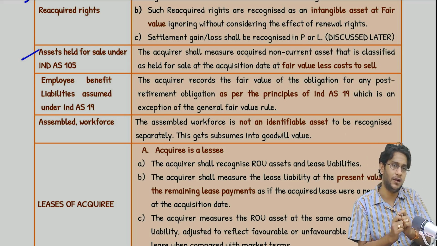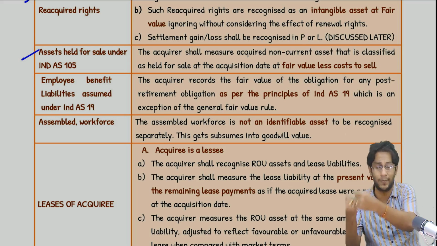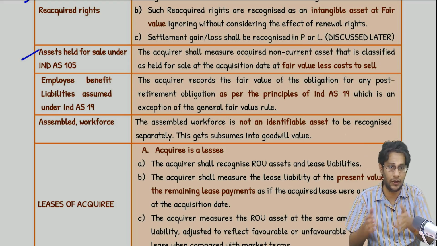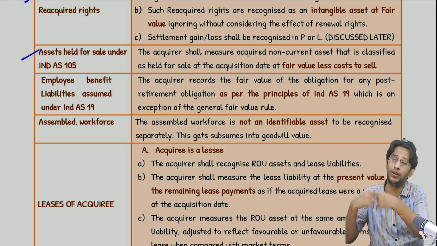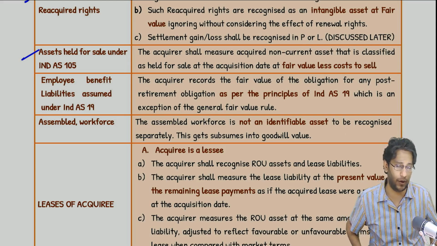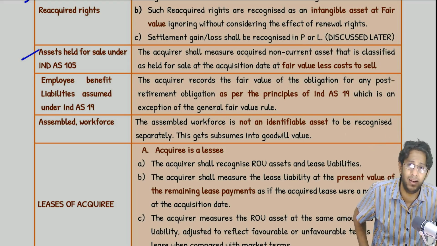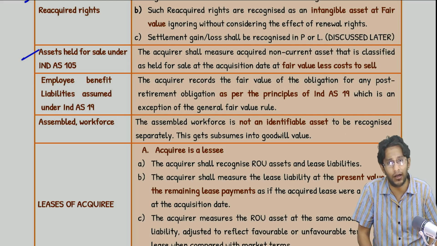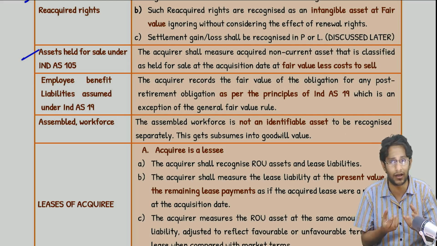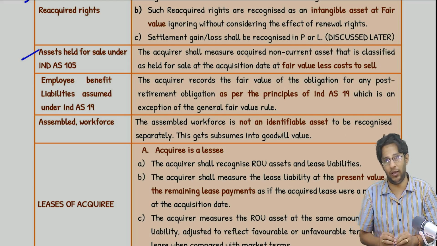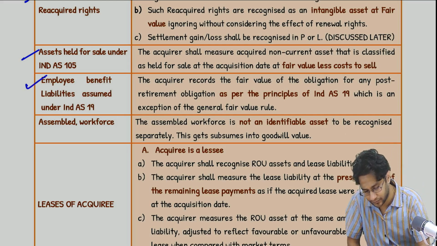And fair value of a liability is the amount what you have to pay to some other party for accepting your liability. If you transfer your liability to somebody, how much you have to pay to that somebody, that is fair value as per Ind AS 113. Don't apply that fair value rule. Apply Ind AS 19 value. Ind AS 19 with whatever actual assumptions, so you measure the liability value, consider that only. So that is also an exception.